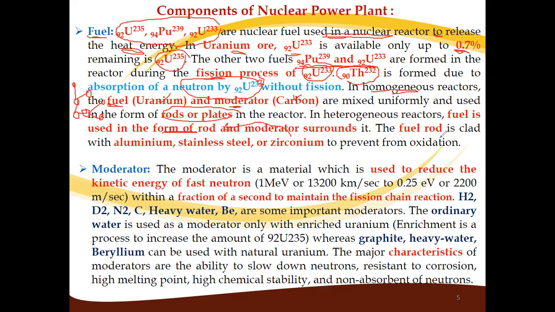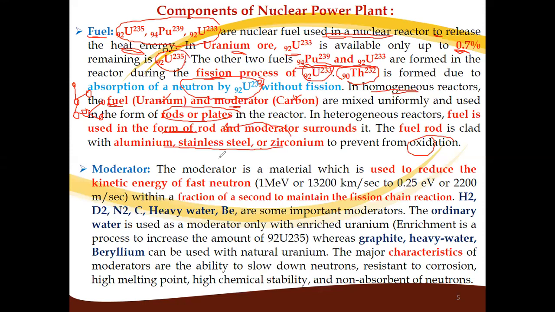The fuel rod is clad with aluminum, stainless steel, or zirconium to prevent the oxidation of the nuclear fuel. So this is the first part of the nuclear reactor, the nuclear fuel.